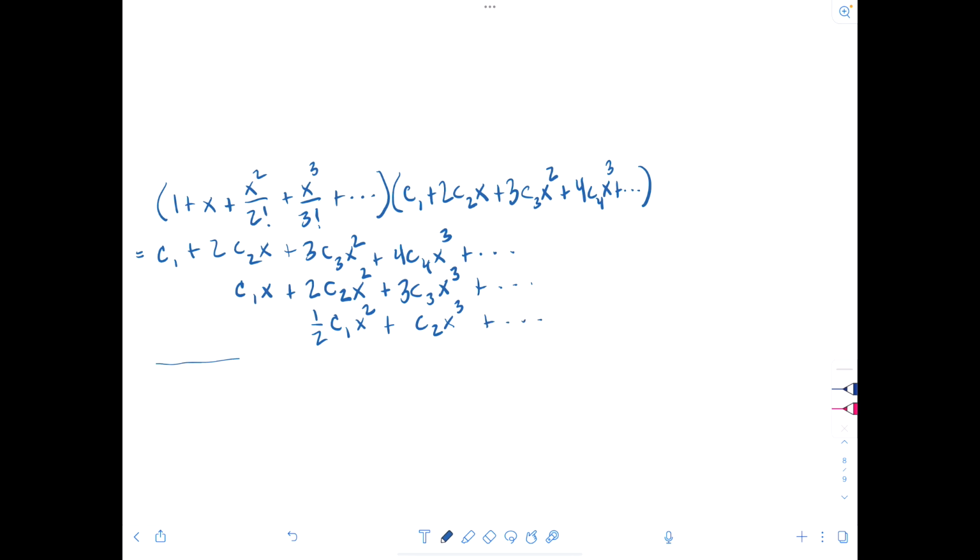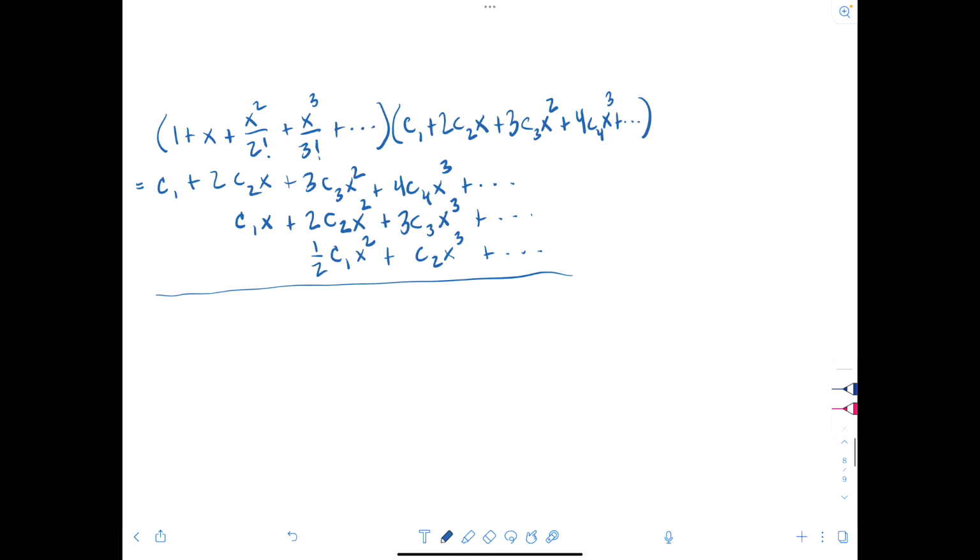So when we add these together, we're just going to go the first 3 terms to get to c4.